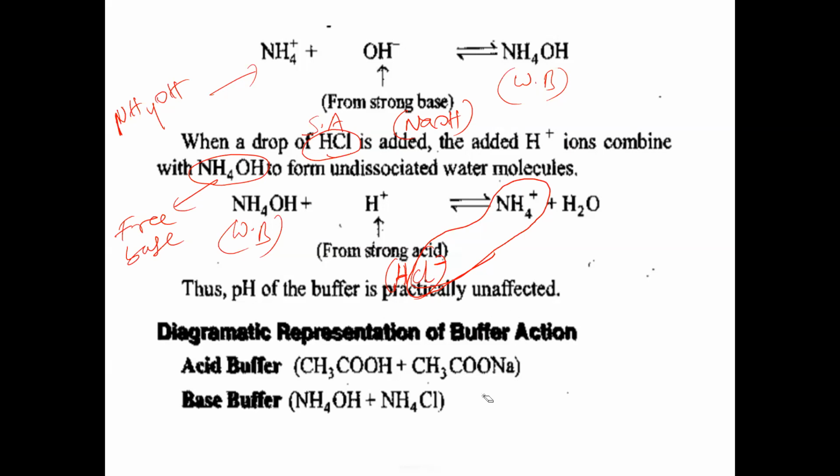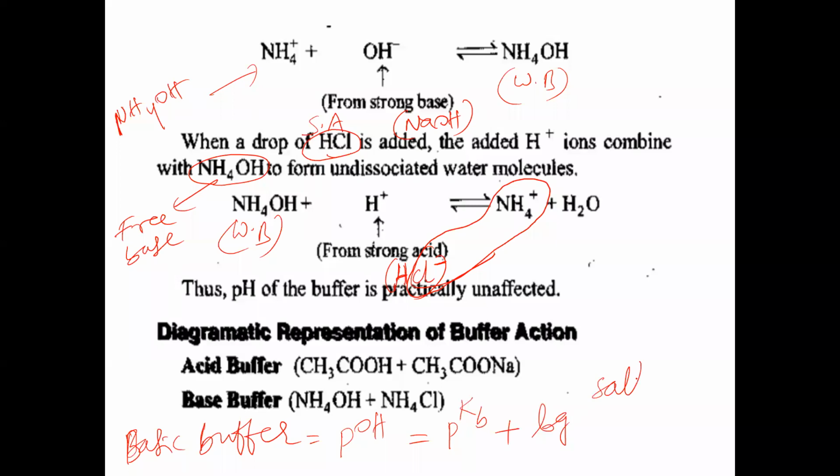Already we have discussed the formula for pOH of a basic buffer. For a basic buffer, pOH is equal to pKb plus log of salt concentration by base concentration.